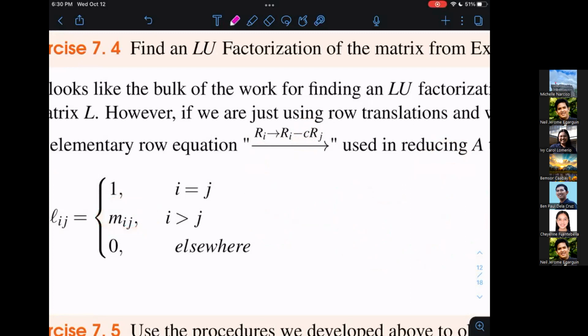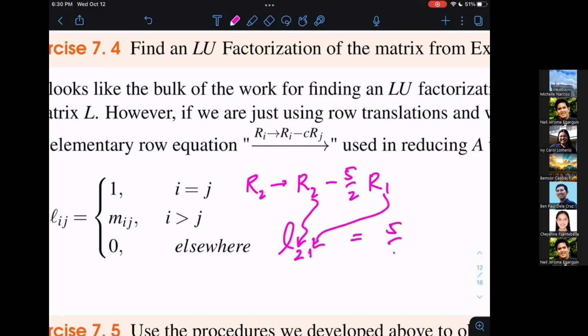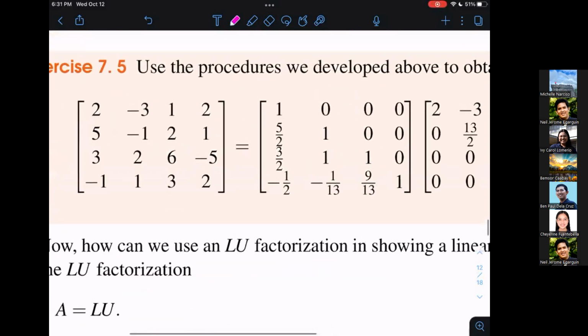So again, in this particular example, alam natin na si row 2 dapat mapalitan ng row 2 minus 5 halves ng row 1. So ibig sabihin kay matrix L, yung lower triangular matrix natin, ang entry niya on the second row, first column, ay equal dapat kay 5/2. Okay, which is that guy. Okay? And that's what you see here.